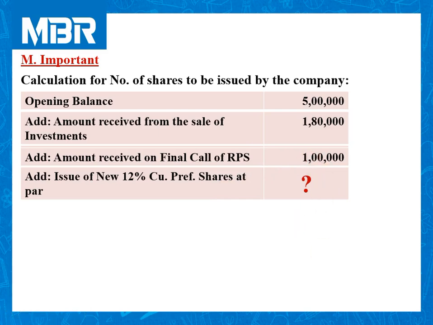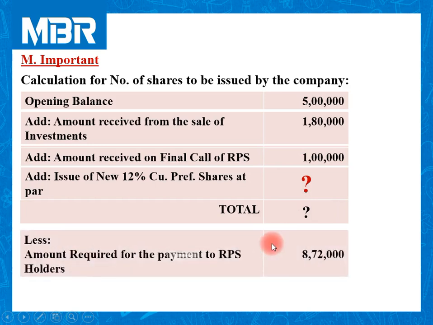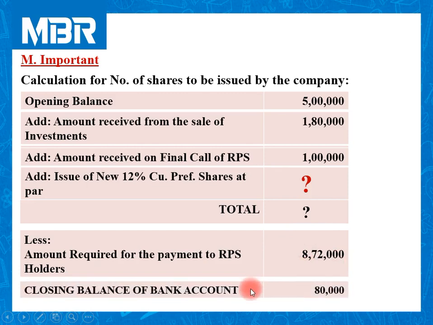But we don't know this figure, and our entire exercise is focused on finding the figure for this question mark. Total amount, obviously we don't know, as we have to calculate the figure of 12% cumulative preference shares issued by the company. But need not worry, we have the figure of the amount payable to RPS holders, that is rupees 8,72,000, and we need to maintain a closing bank balance of rupees 80,000.